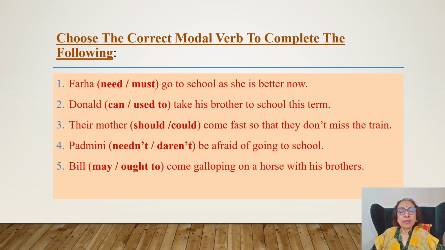Next you have Padmini, in choices needn't, daren't, be afraid of going to school. Then you have Bill, and choices may and ought to, come galloping on a horse with his brothers. These are the sentences. Look at them carefully, and then when you've done it, then go to the answers.